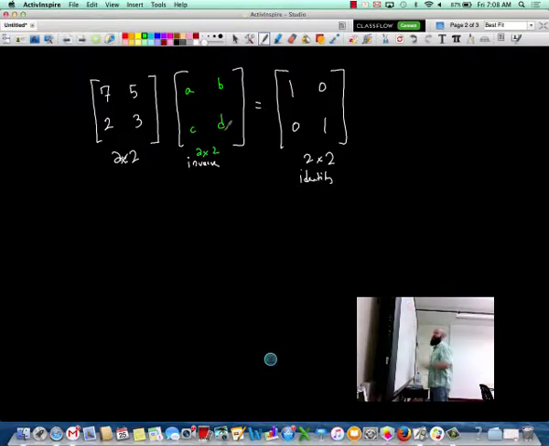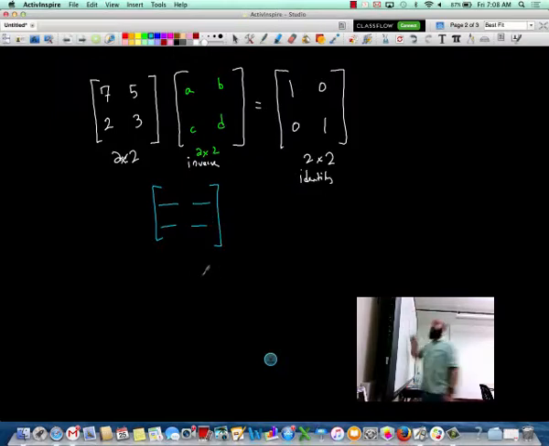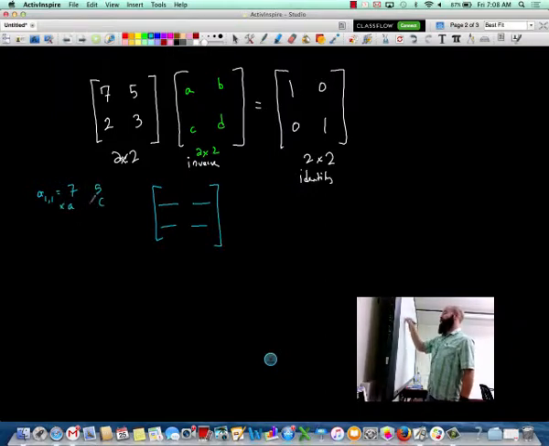So what I'm going to do is take these 2 matrices here and multiply them together, so I can have one matrix on each side of the equation and then talk about how those things relate to each other. So my answer to this multiplication would be a 2 by 2. If I looked at row 1, column 1: row 1 of the first matrix, 7, 5, column 1 of the second matrix, A, C, multiply and add.